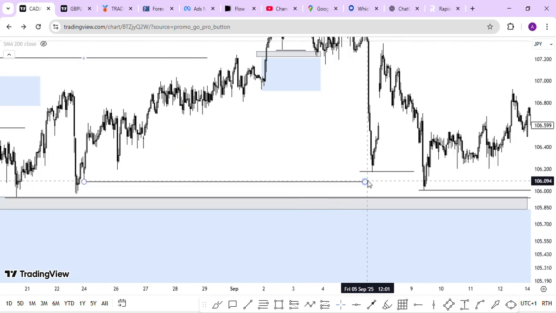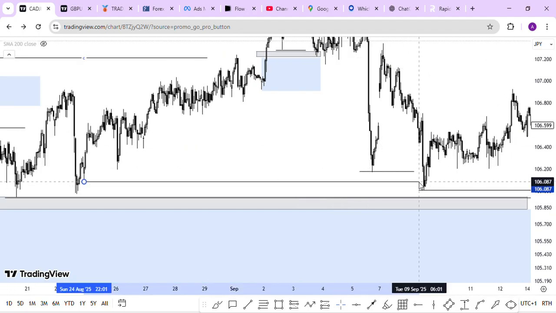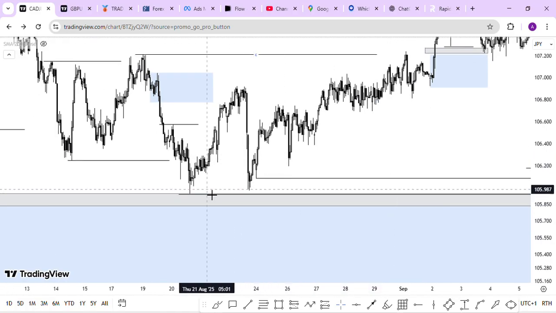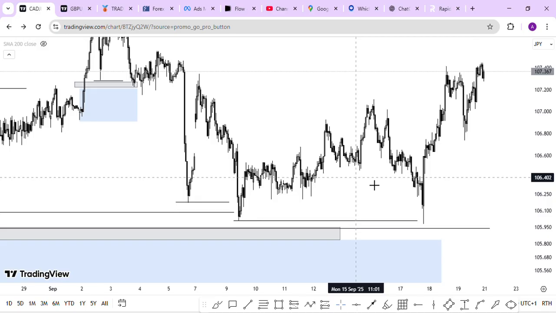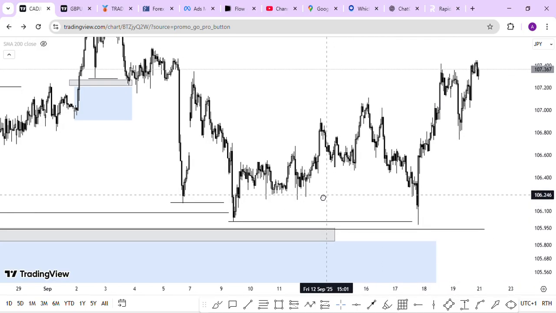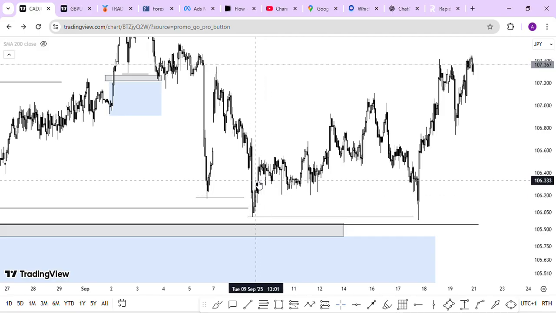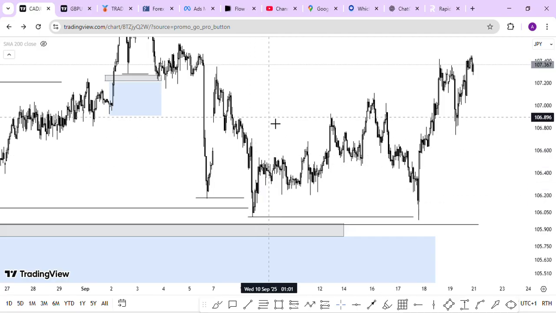So market cleared out engineered liquidity in 1 hour, and because we know that this low must be protected, the market started reacting. So if you look at 1 hour structure, let's say you don't even have confidence to start buying from this level, then you start looking at what 1 hour is doing.